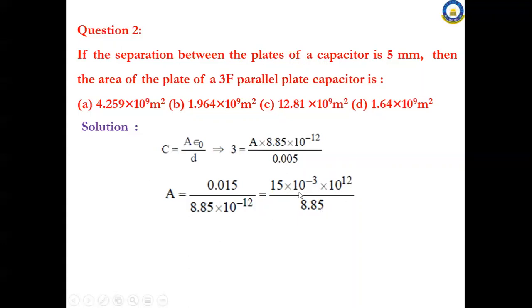Again, you can simplify as 885 into 10 power minus 2 and move that minus 2 to the numerator. So it will be 15 by 885. It will be 1 by 59. Or roughly you can take it as 1 by 60 and divide that 1 by 60. Then you can calculate it manually. You will get 1.64 into 10 to the power of 9 meters square. So the correct option is 1.64 into 10 to the power of 9 meters square. So please note down.